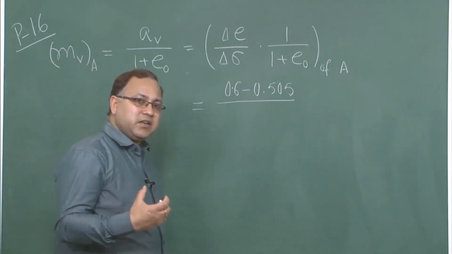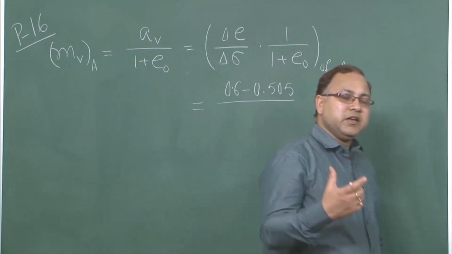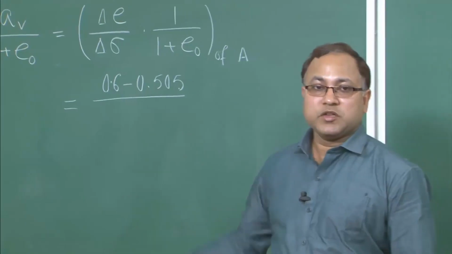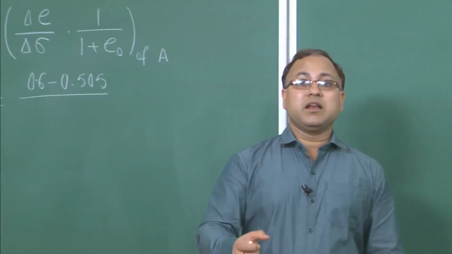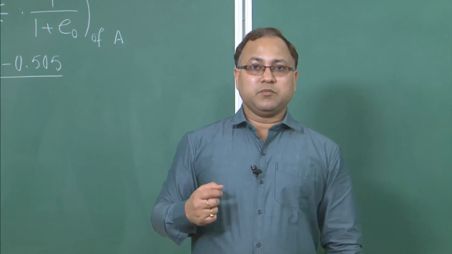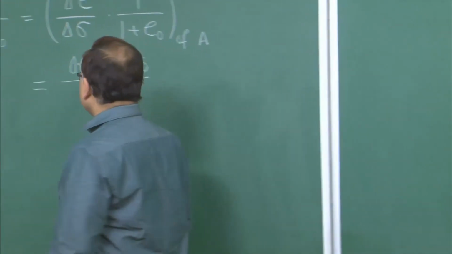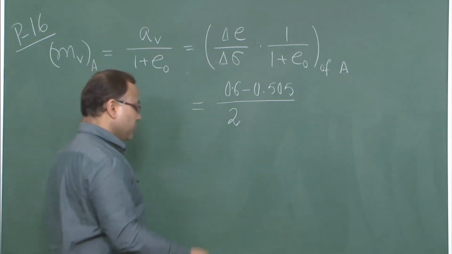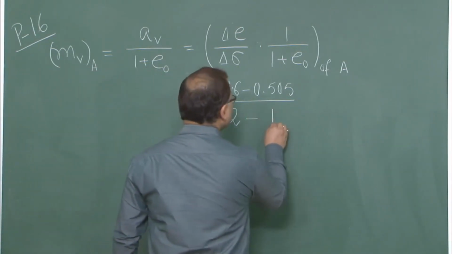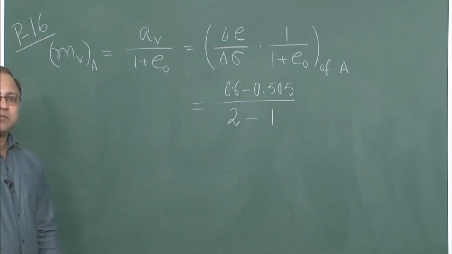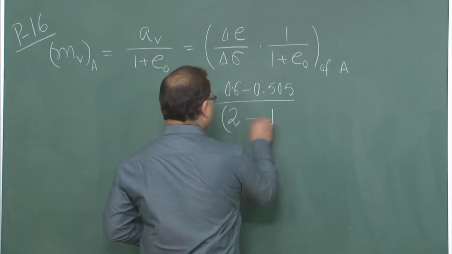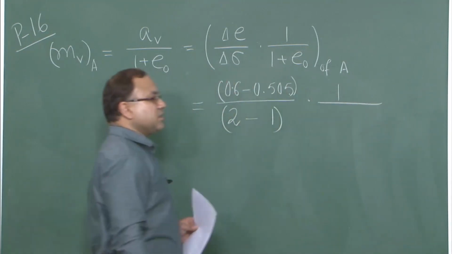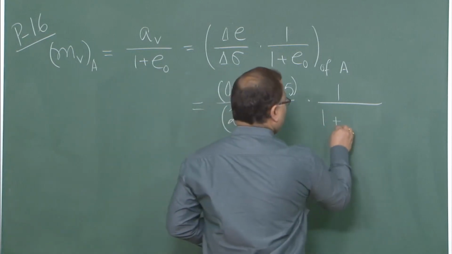Now, what is your delta sigma? That is the change in pressure. Earlier it was 1 kg per centimeter square, and this change in void ratio is happening by increasing the pressure to 2 kg per centimeter square. So delta sigma is the final total stress minus the initial pressure, into 1 plus E naught.